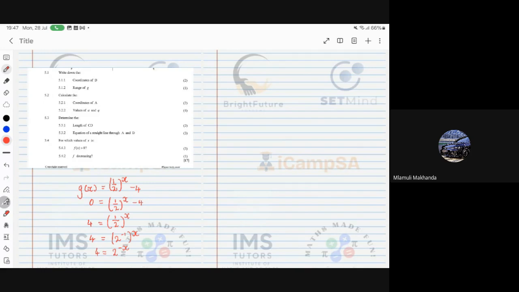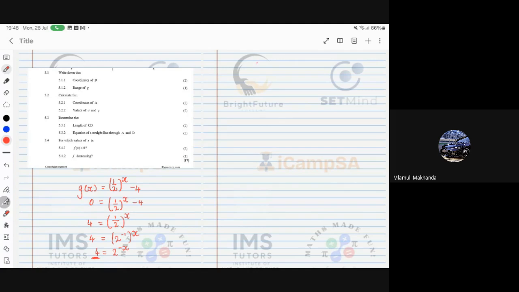We can express 4 in terms of base 2, and when the bases are equal, we can simply equate the exponents.